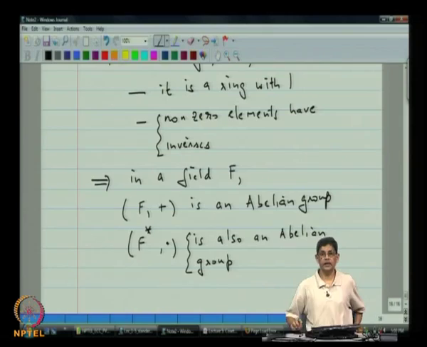So, that means that a field is an algebraic object with a lot of structure, because under addition it is an abelian group. In some sense, with respect to addition, it has all the properties that you like, and it also has all the properties that you would like with respect to multiplication.